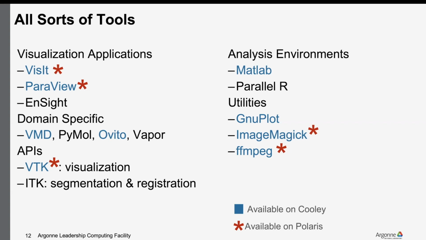There are other tools that are more domain specific, like VMD, PyMOL, and OVITO. Those are all molecular dynamics type visualization tools. VAPOR is one that's really geared towards environmental data. And then of course there are APIs that a lot of these tools are built on top of, like VTK, which is the Visualization Toolkit.